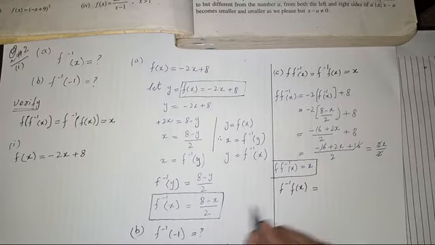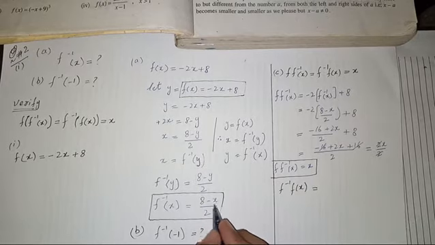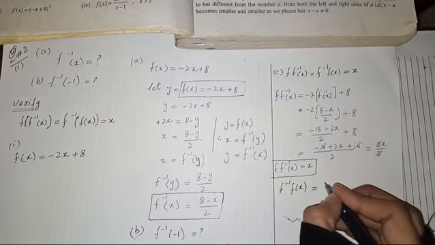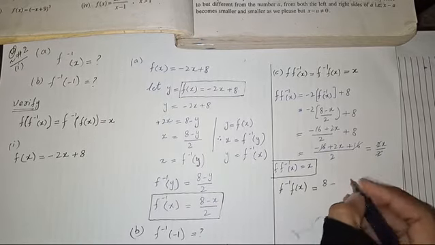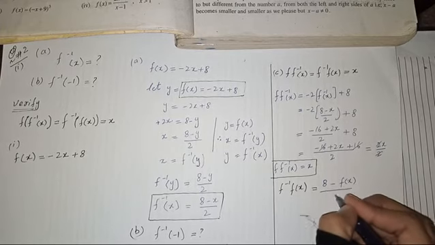The function of f inverse x, that is this one, 8 minus x, in replacement of x put the function of f of x, right? Look here, 8 minus, in place of x, write f of x divided by 2 as it is.